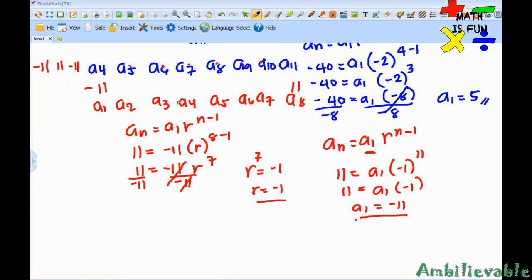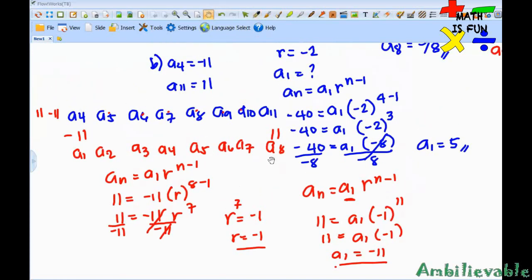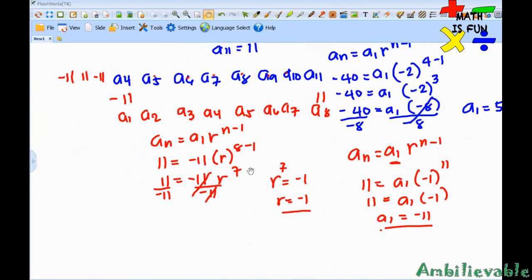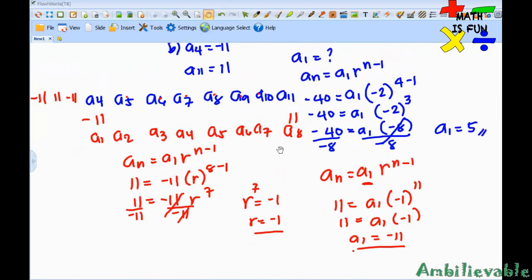So let's have a continuation for tomorrow with different exercises. But you have to remember that a geometric sequence has a common ratio, not a common difference. All right?